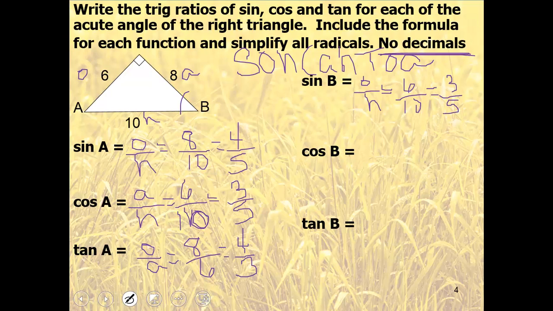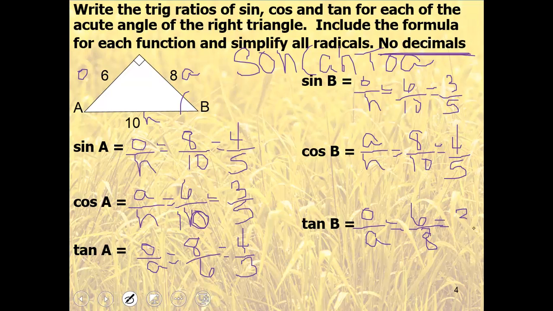The cosine of B is the side adjacent over the hypotenuse. That's 8 over 10, or 4/5. And the tangent is the side opposite over the adjacent. So we're going to get 6 over 8, which is equal to 3/4.